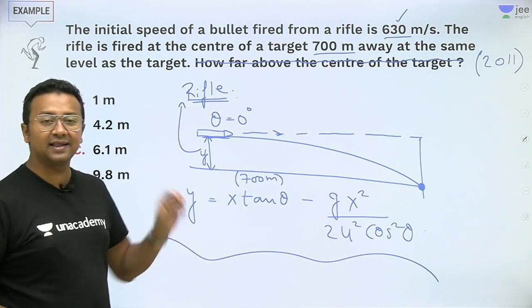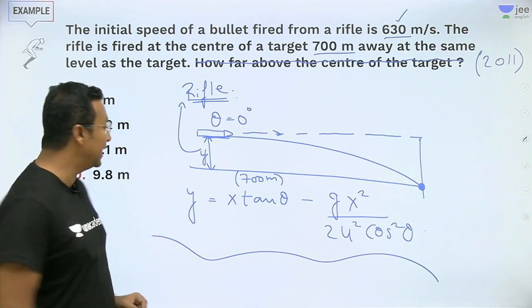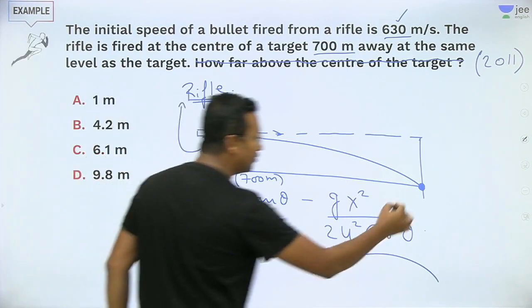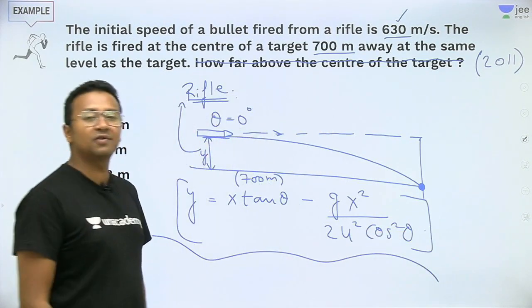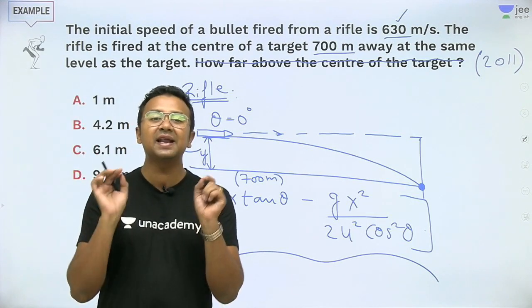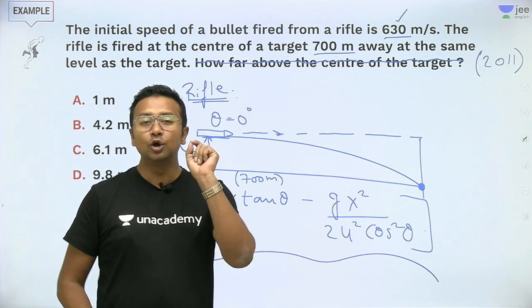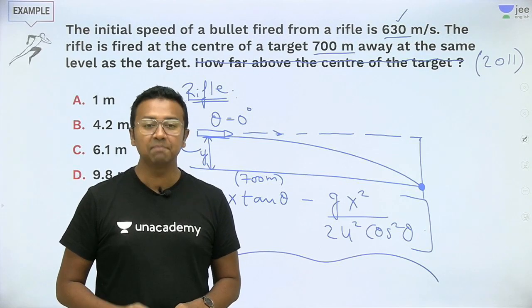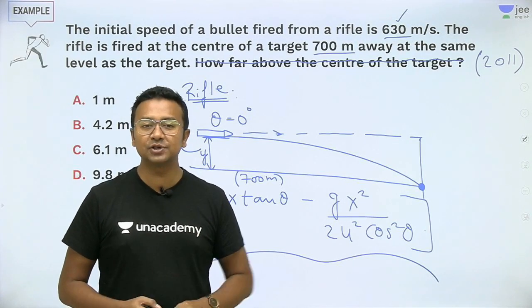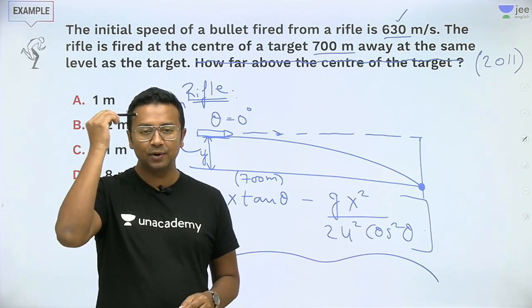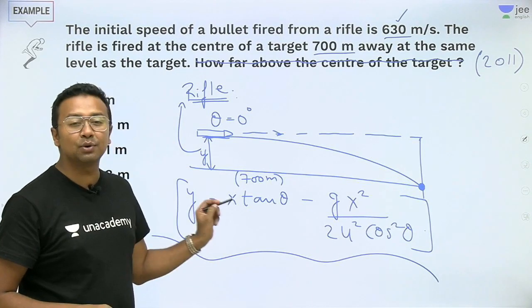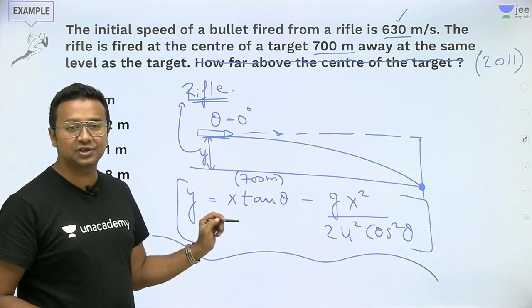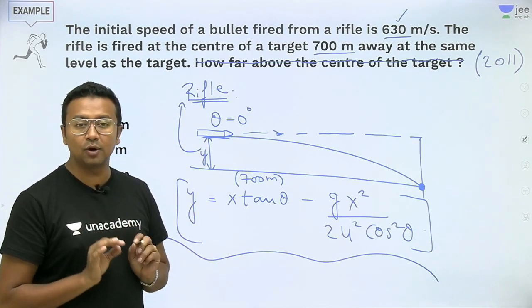Generally it has been seen that you have questions based on the equation of trajectory. It is one of the favorite areas of the examiner. So if you are revising your projectile motion, put it into your head that this equation should be registered pretty well in your minds.